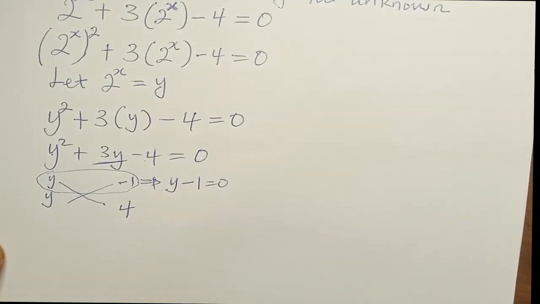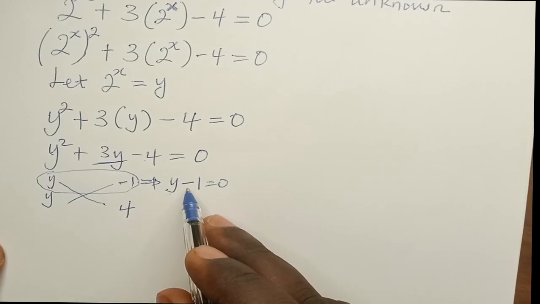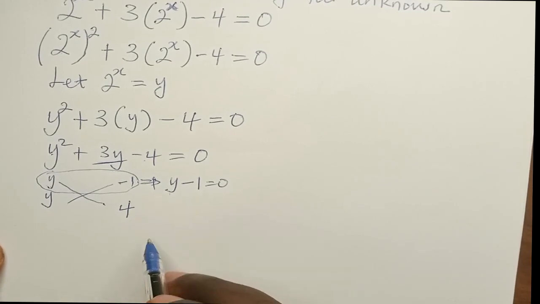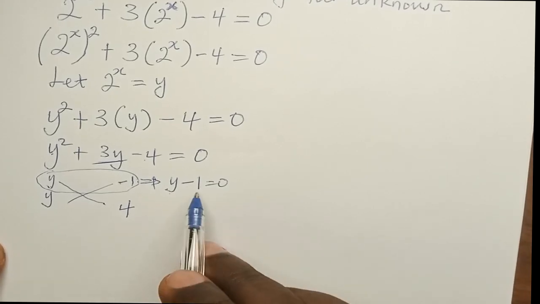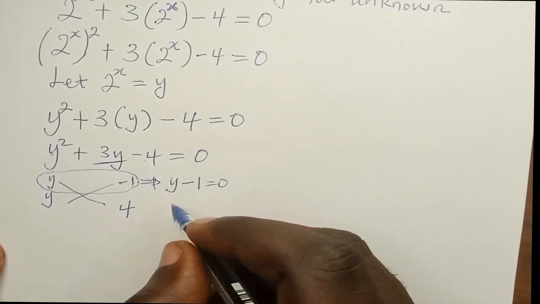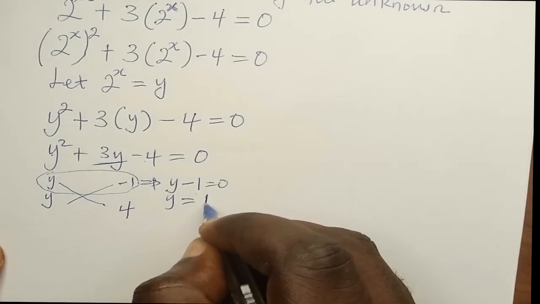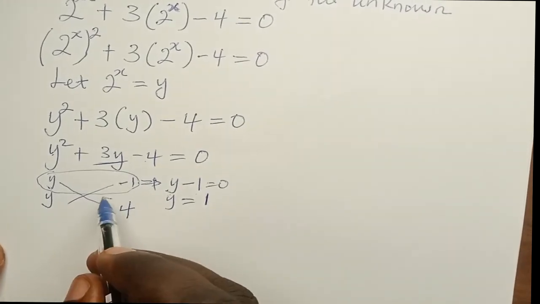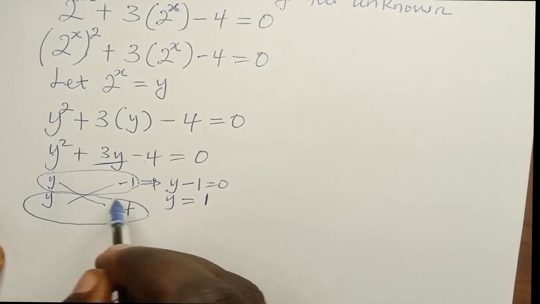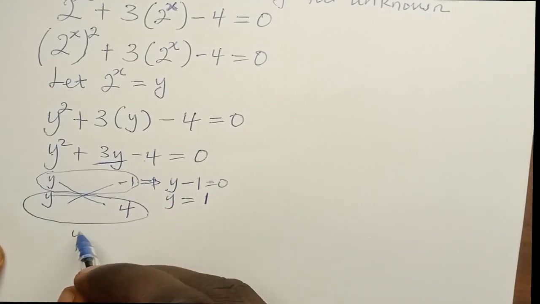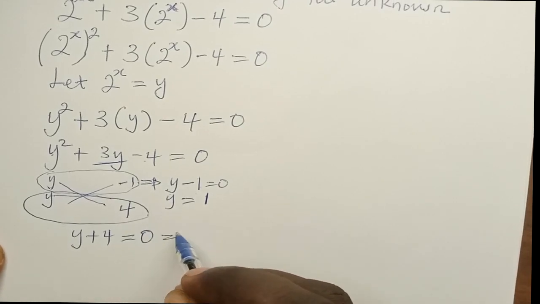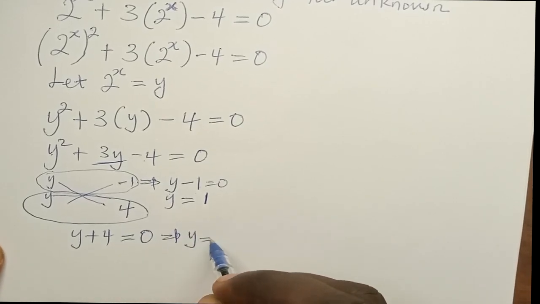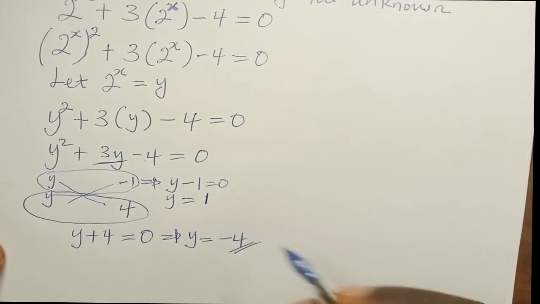Then if y minus 1 is a factor, we are going to say that y here is equal to 1. Then in this other one, y plus 4 should be equal to 0. This implies that y is equal to minus 4.